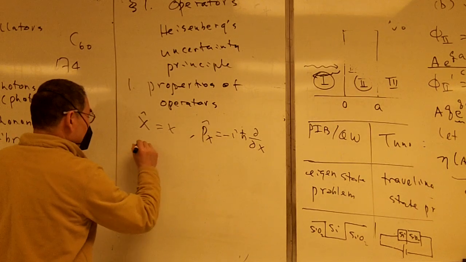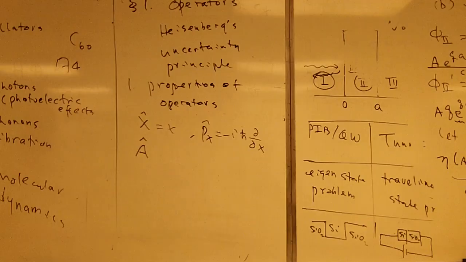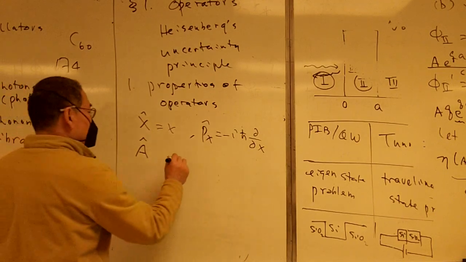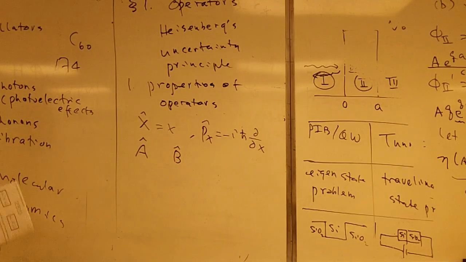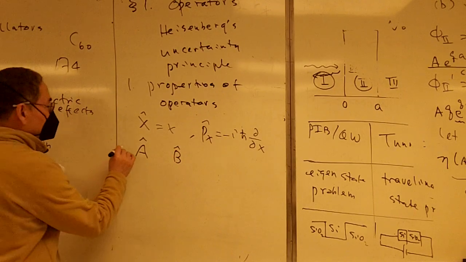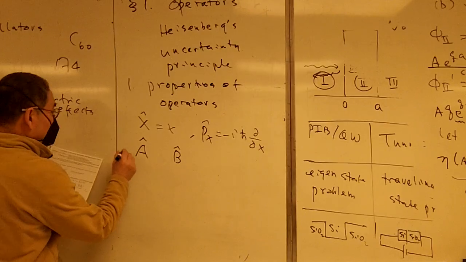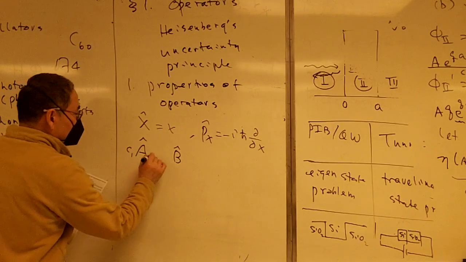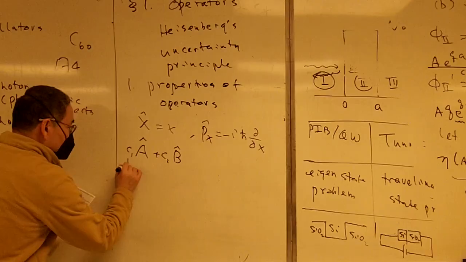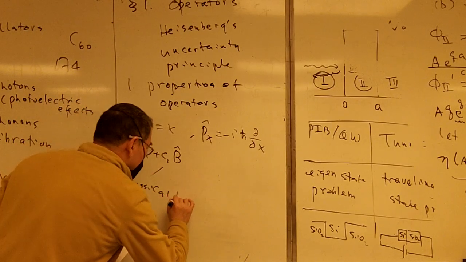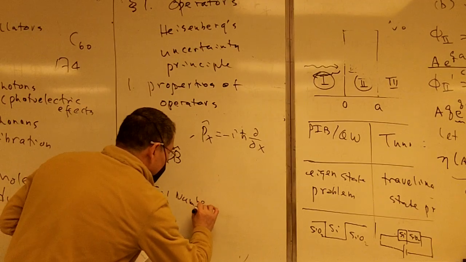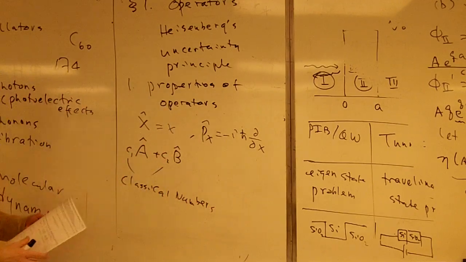Suppose I have operator A like this. So we use a hat on the top. We can add these two operators, A and another, B, like this. We can add them up if we want. For instance, we put a classical number, let's call it C1, plus C2. C1, C2 are classical numbers, which are not operators. So we always say classical numbers.